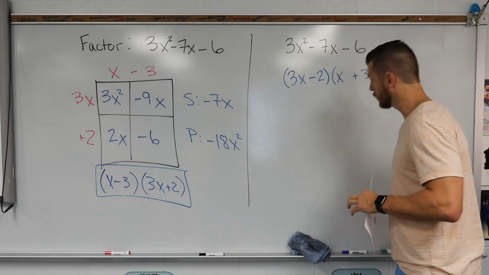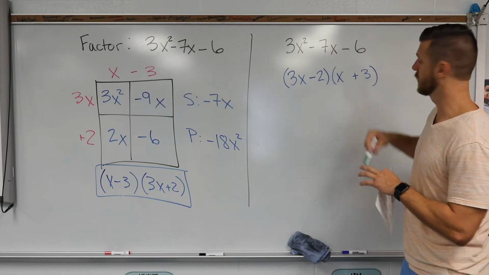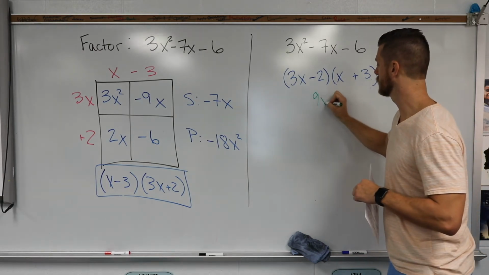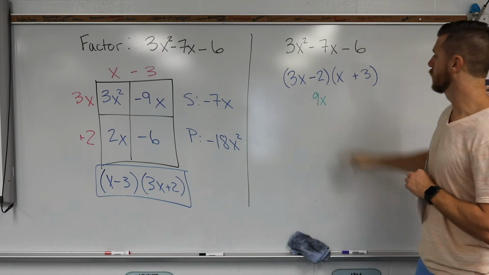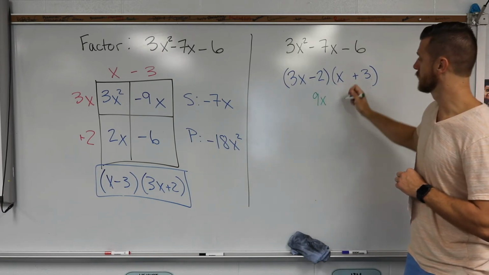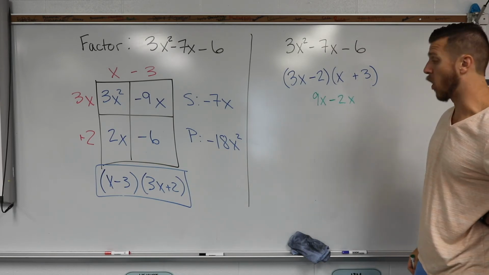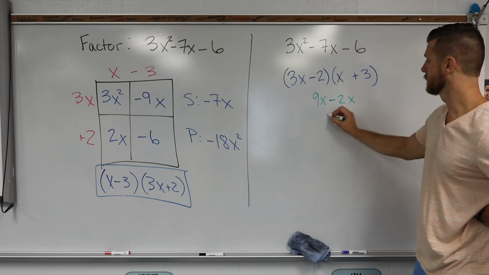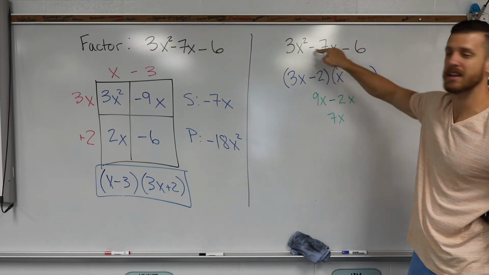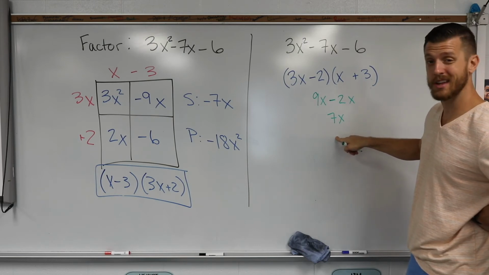Well, what happens when you multiply 3x times plus 3? That's a 9x. What about a negative 2 and x? That's almost right. I got a 7x, but I need a negative 7x. So I'm close. What's the only thing I should have done?